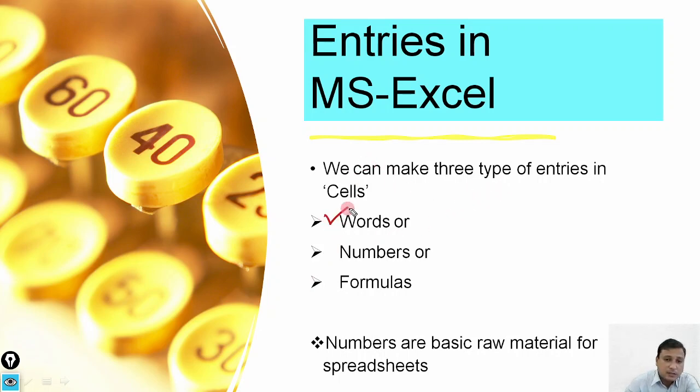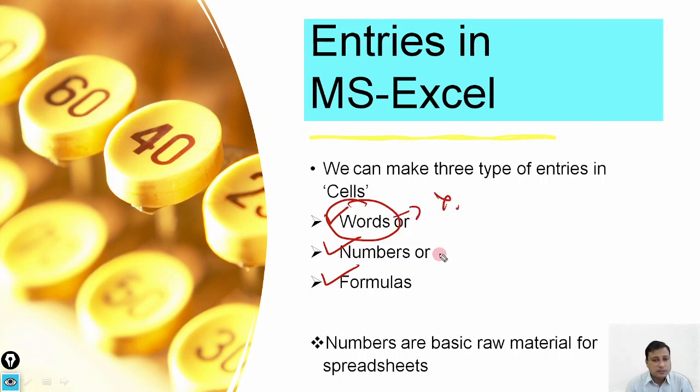We can enter the information using different words, or using different numbers, or we can also enter different formulas. But as you all know, if we are entering data using different words, then there are some limitations to apply statistics.